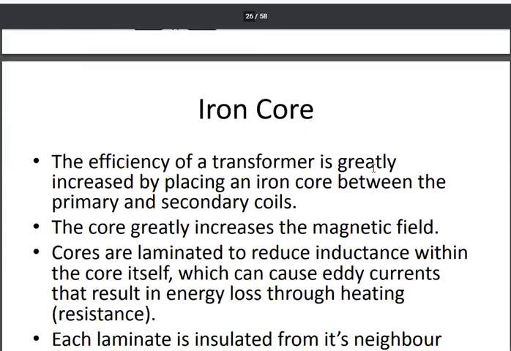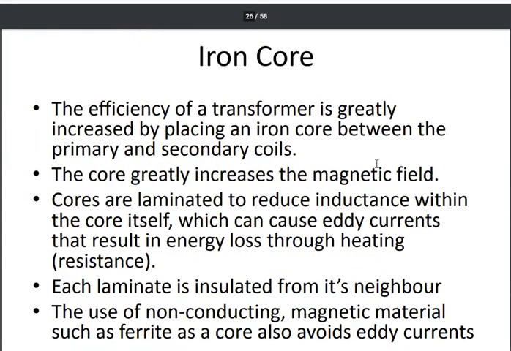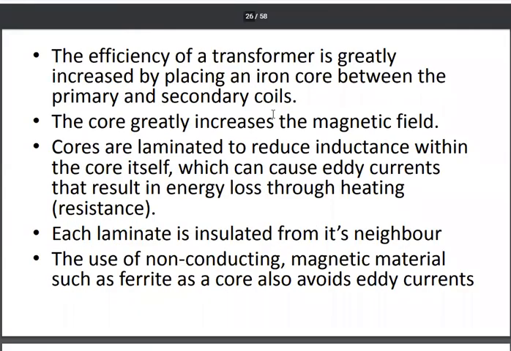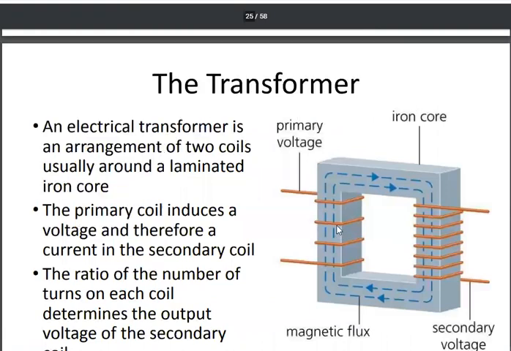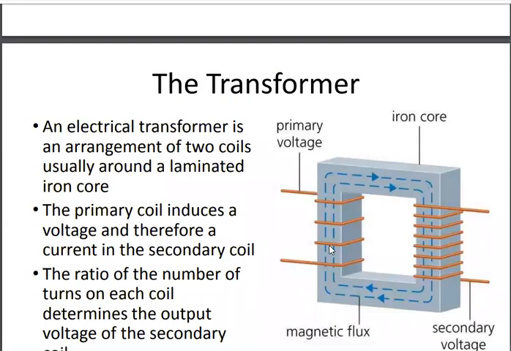Now, what is the work of iron core here? The efficiency of transformer is greatly increased by placing an iron core. You know well that if you don't place iron core, the magnetic field lines in this coil will diverge as they come out of the ends of the coil.